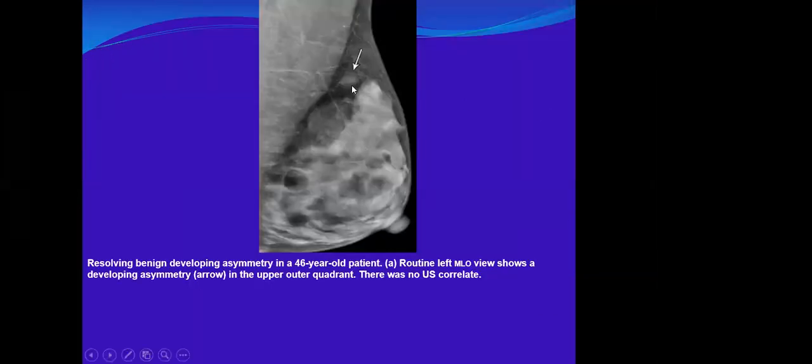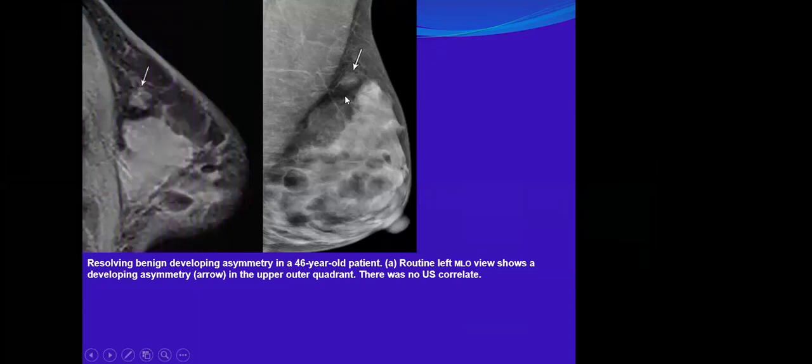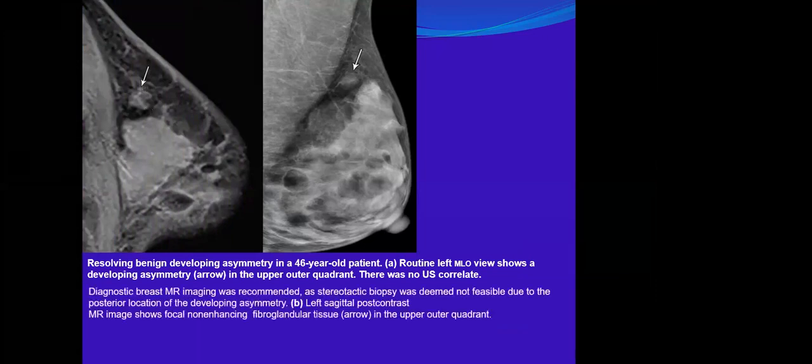And in this patient here, there is an area of developing asymmetry, you see, and the MRI demonstrates an enhancing area of fibroglandular parenchyma here.